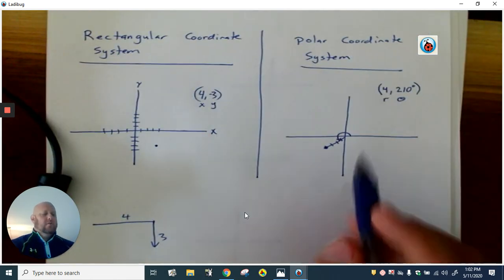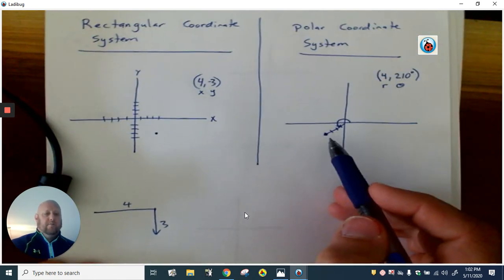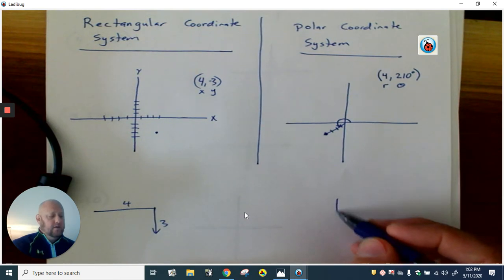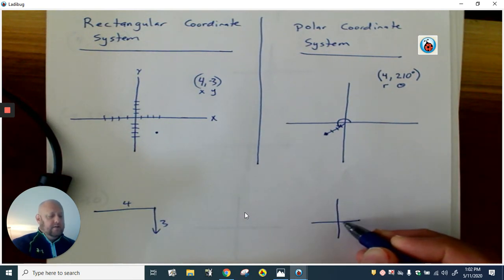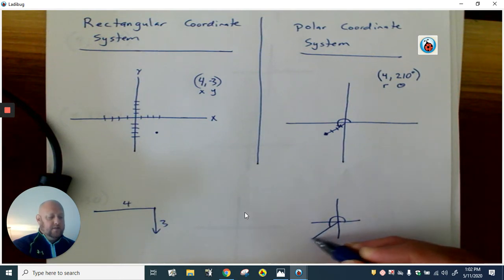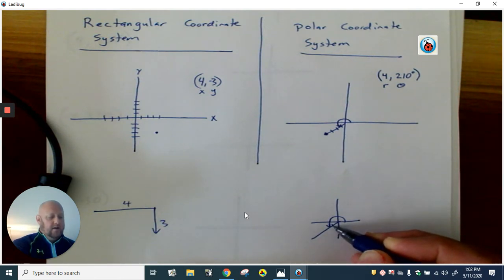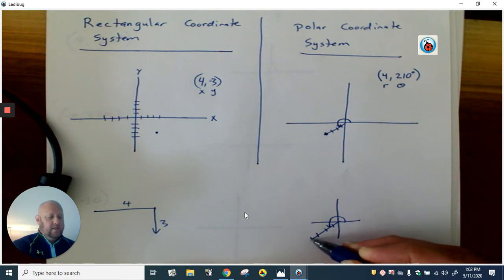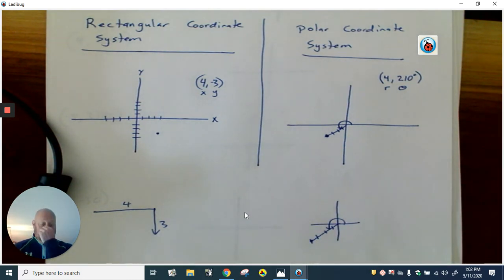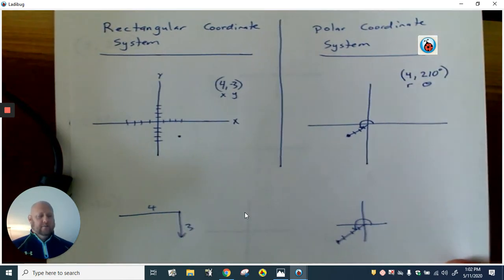The polar coordinate system is more how the bird flies. He flies on a certain course, could be 210 degrees, and then along that course, he flew 4 miles. So that might help illustrate the difference.